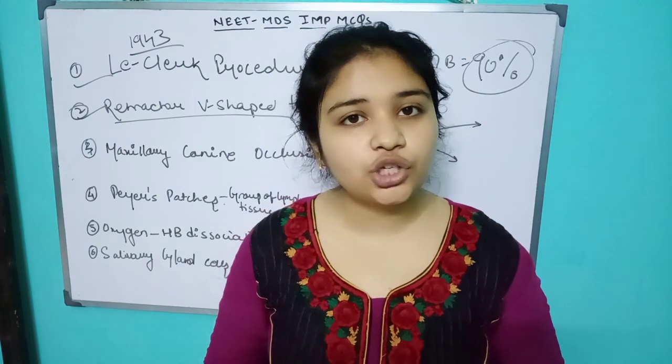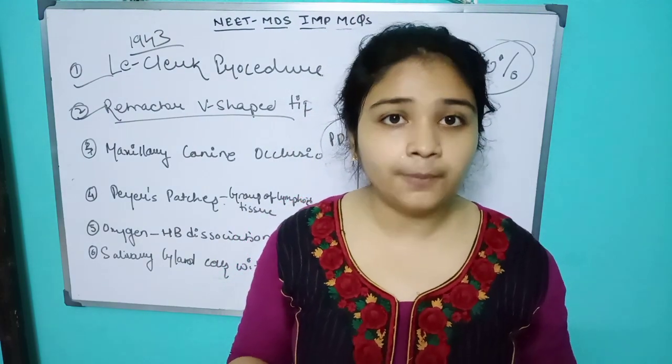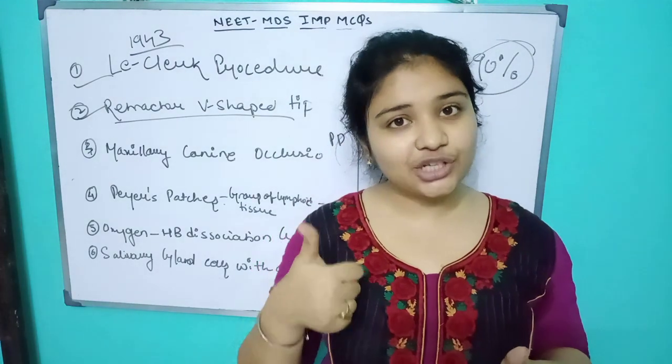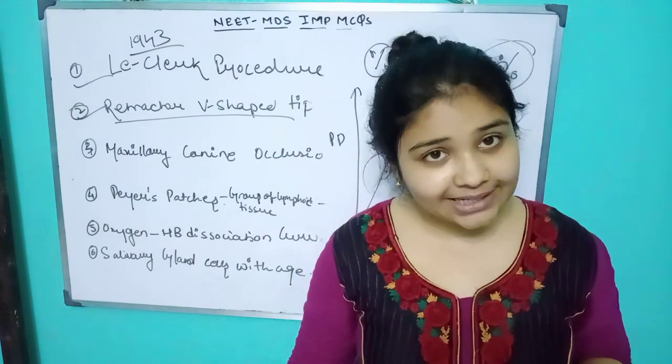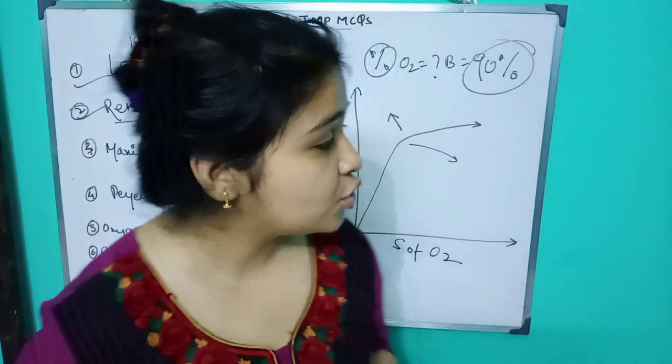The acceptance is seen in your fetal blood. And what is the dissociation all about? CO2 partial pressure increases, H2O2 increases, acidic condition increases, 2,3 biphosphoglycerate increases. So these are the conditions.